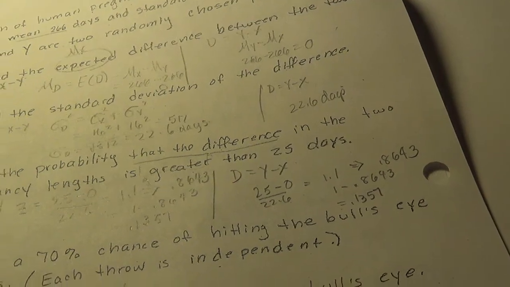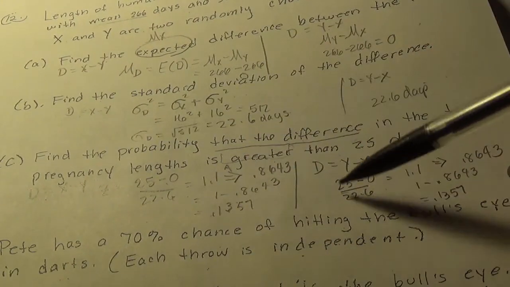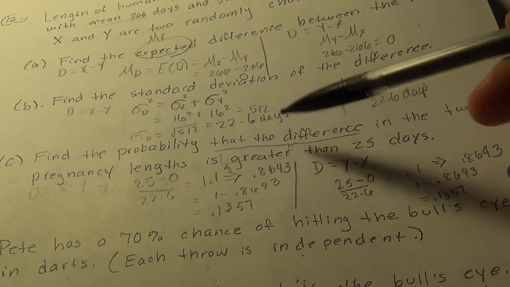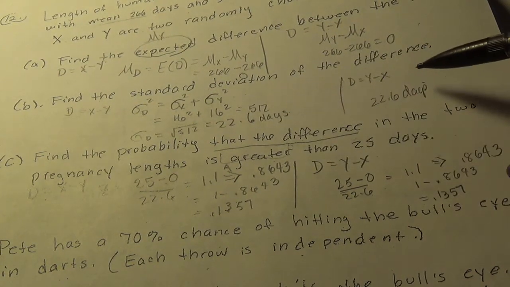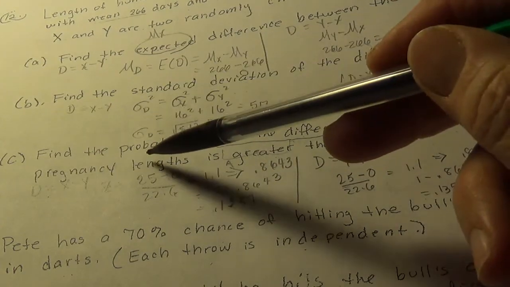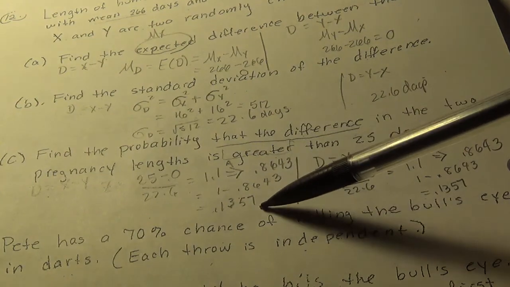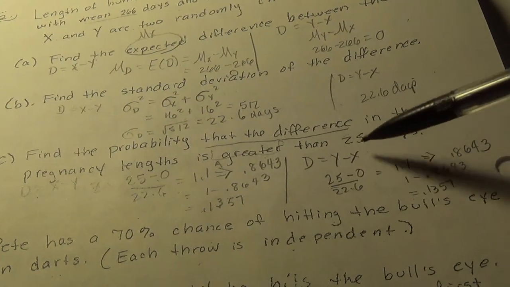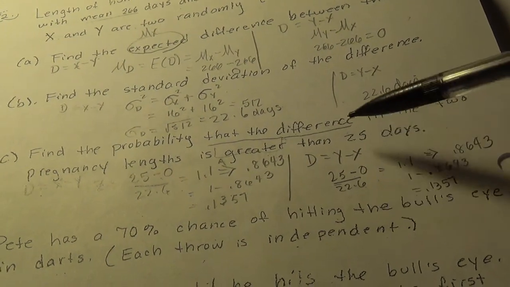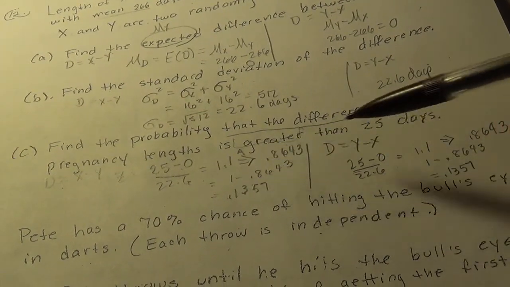We get 0.1357. The only thing is now, like I said, because this or this meets the conditions, the probability that the difference in the two, so this one is the probability of x minus y being greater than 25, and this is the probability of y minus x. Both of those meet the requirements of the problem, so I'm going to have to add these two.